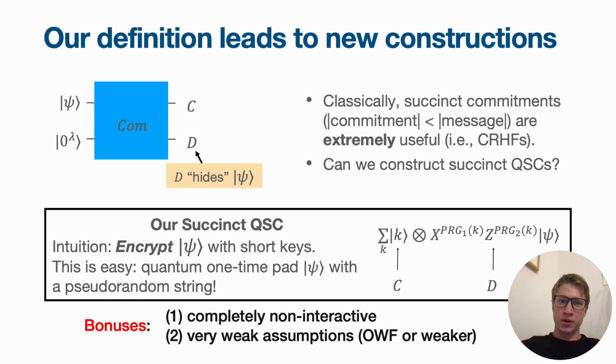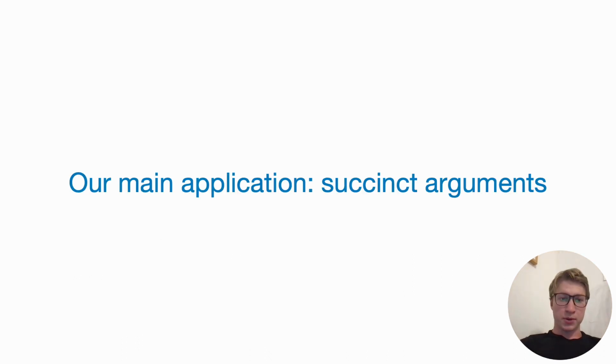And furthermore, we only rely on one-way functions, right? Because we can build a PRG from one-way functions, so we don't need to rely on CRHFs, which are believed to be stronger. At this point, we've seen our definition of binding for QSCs, and we've seen how to construct succinct QSCs satisfying our notion of binding. So what can we do with these? Well, one of our main applications is going to be for succinct arguments.